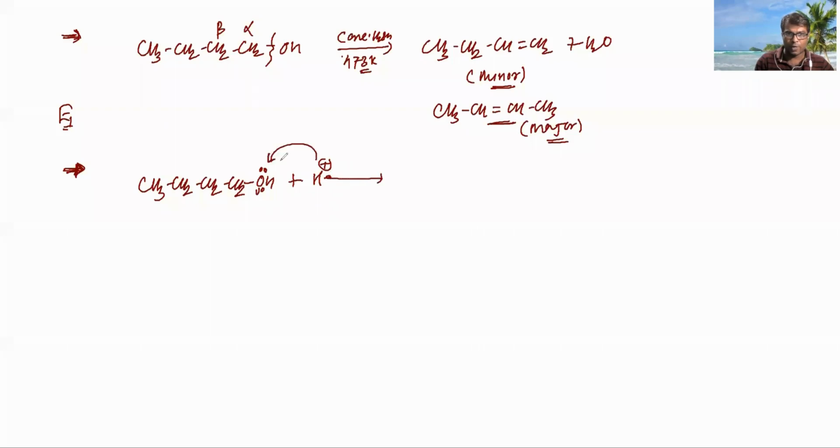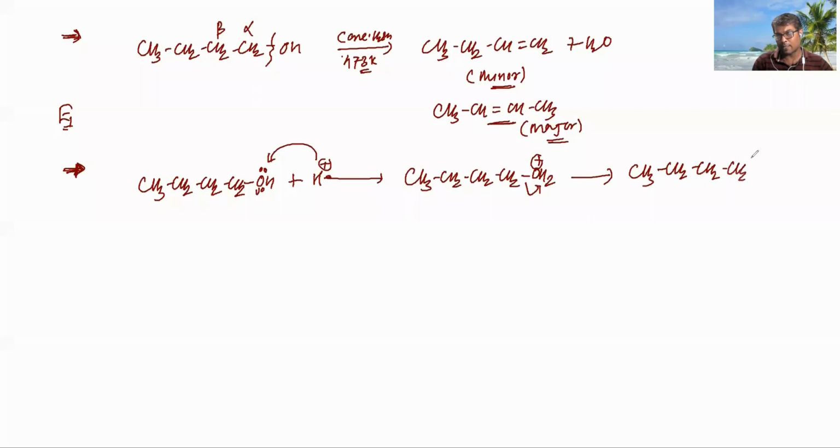It undergoes protonation in the first step and we get protonated alcohol, with H2O positive. In the second step, it undergoes deprotonation and formation of the carbocation. Here the primary carbocation is formed plus H2O.